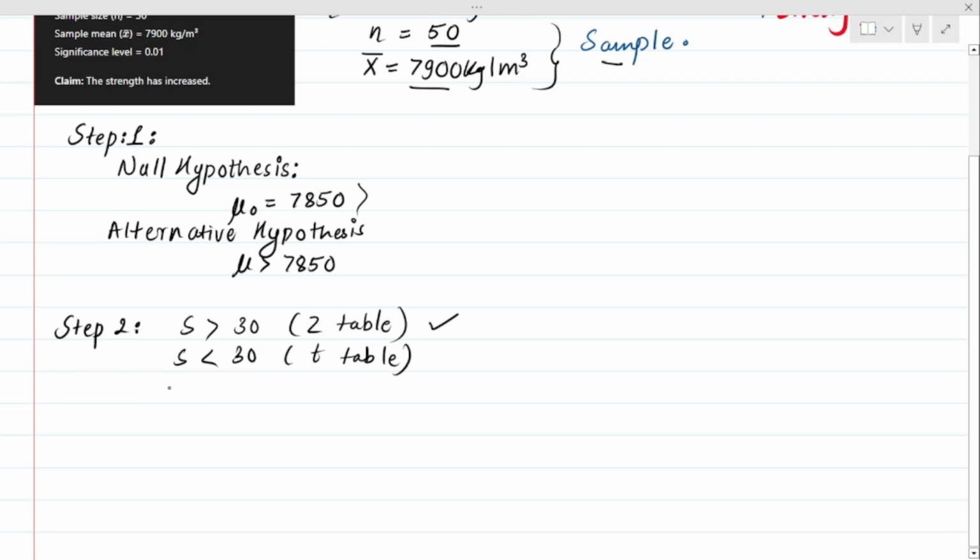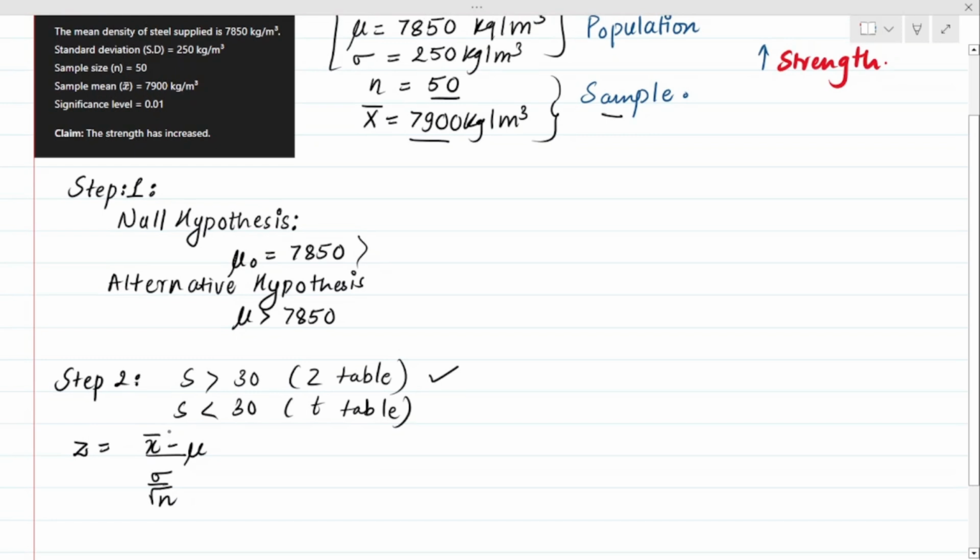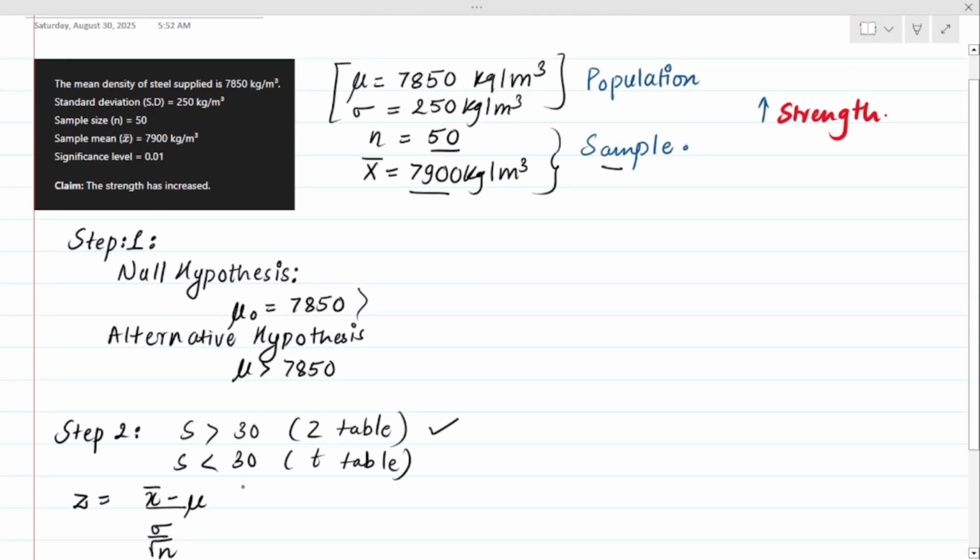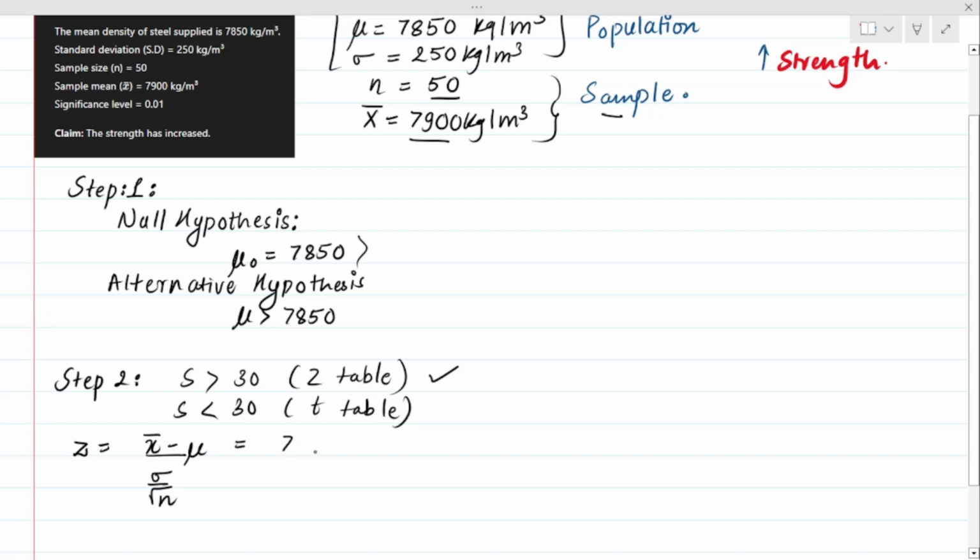After we have decided this, we are going to calculate the value of Z from the given data. We know that the value of Z is x bar minus mu divided by sigma by root n. So this is the value of Z. Now, what is x bar? x bar is the new mean of the sample.